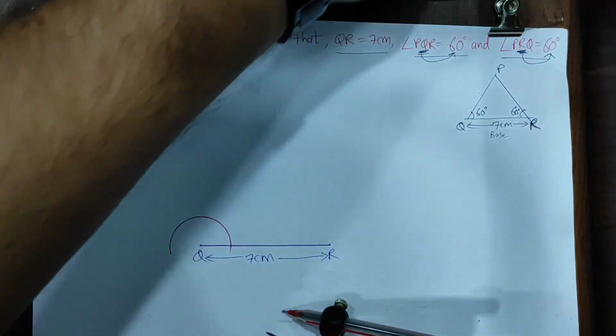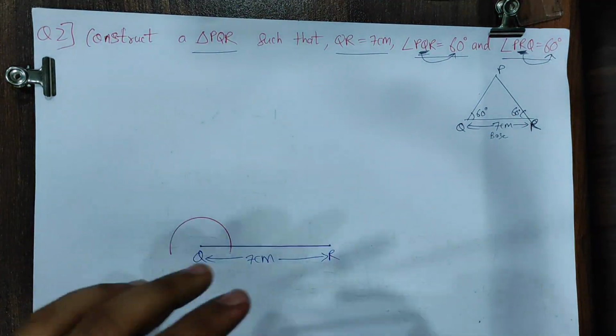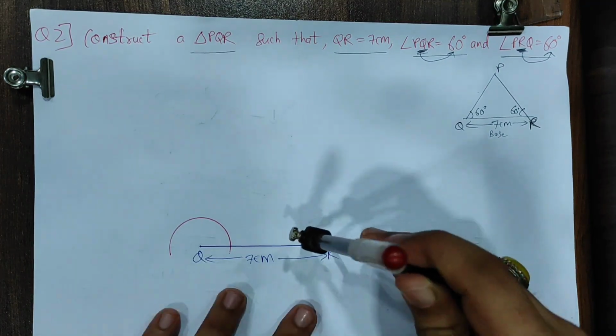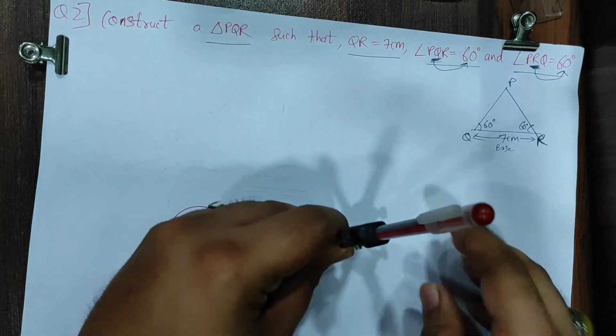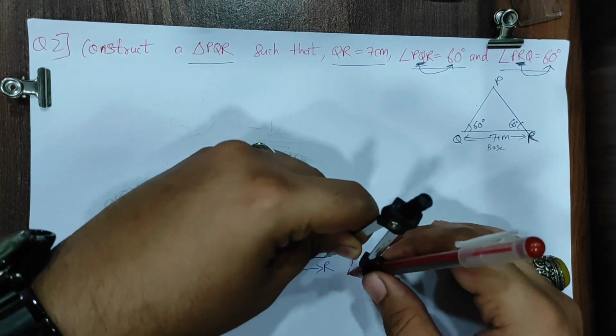But I also want 60 degree at point R, right? So keeping at point R also, I'll mark a semicircle. We'll do it together.